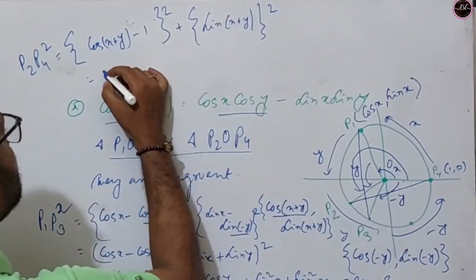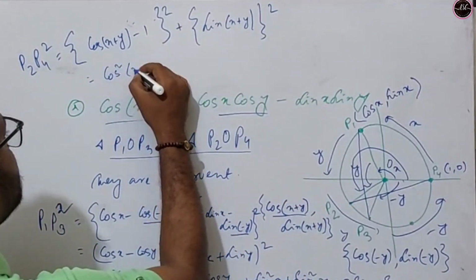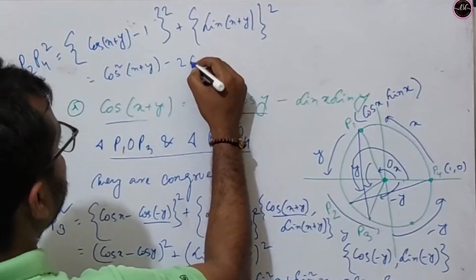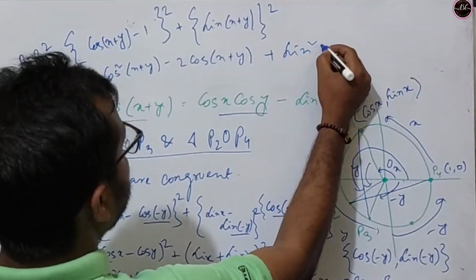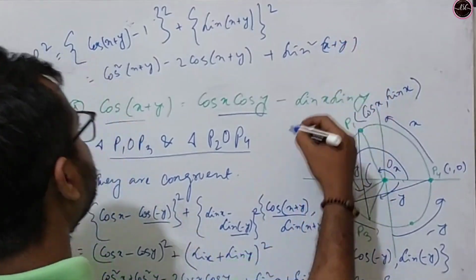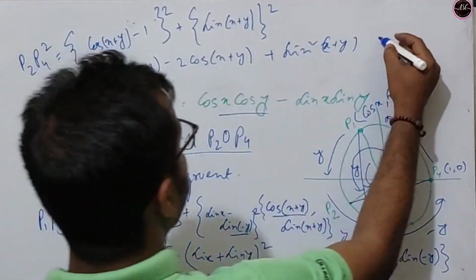That means now squaring this, cos square of x plus y minus 2 cos of x plus y plus 1 plus sin square of x plus y.